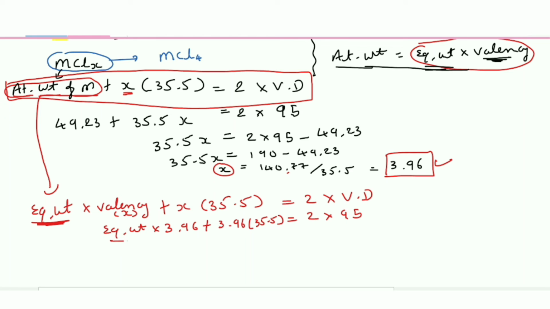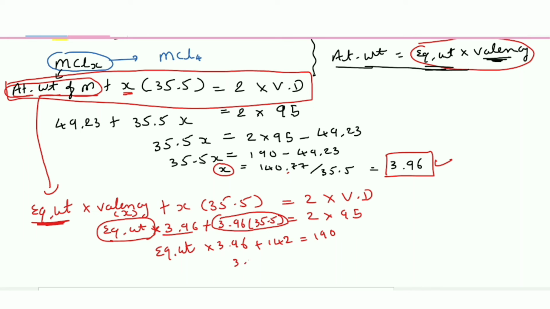Now if we solve this, making equivalent weight the subject, I can write equivalent weight into 3.96 plus, when we multiply this, we get 142, is equal to 2 into 95, so it is 190.